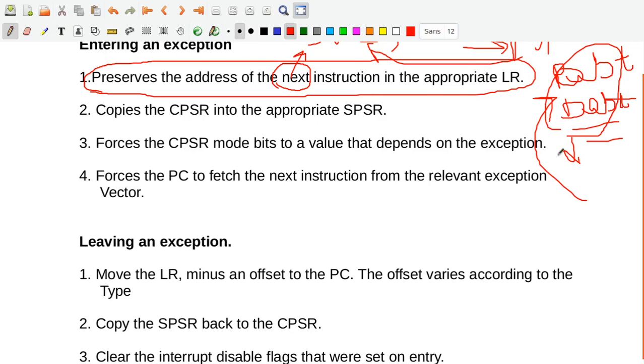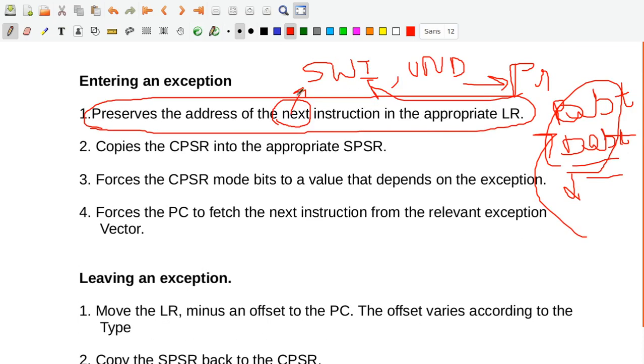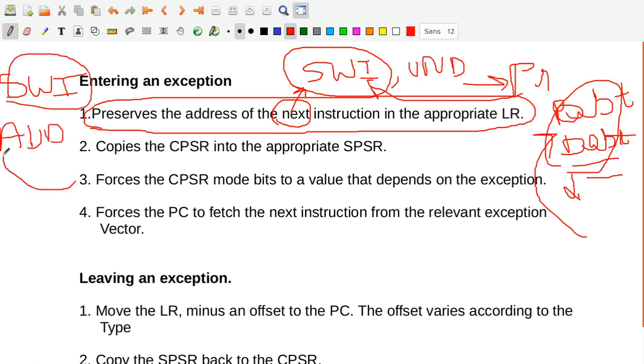So it has to return back to this instruction, it doesn't return to the next instruction, because the software interrupt exception that is thrown, the programmer has written it. So after the software interrupt exception, if some add instruction is written, then after executing it, the programmer has to keep continuing from the next instruction.